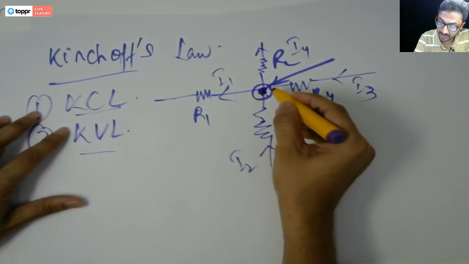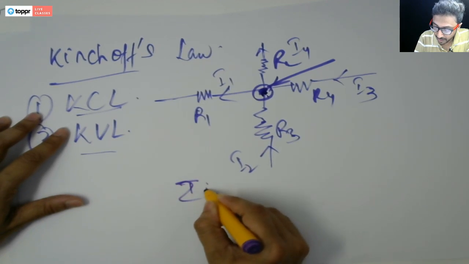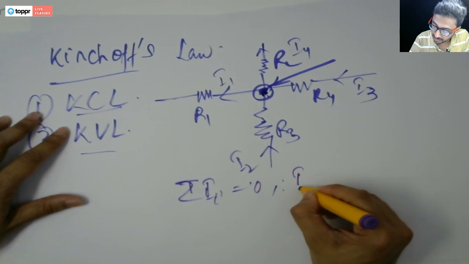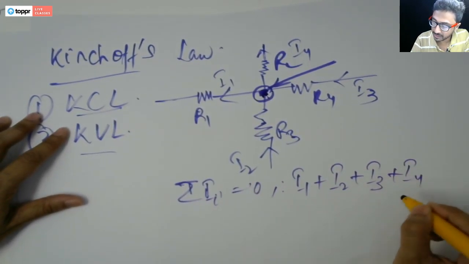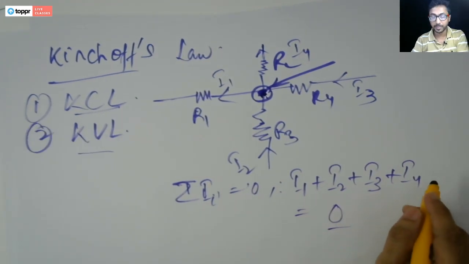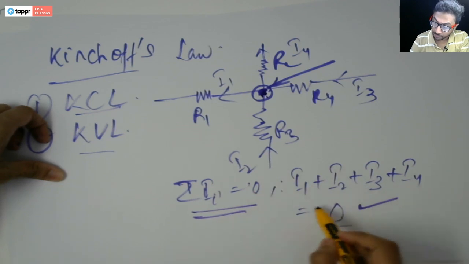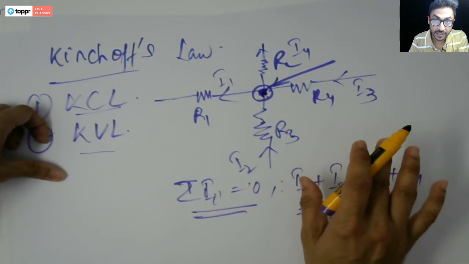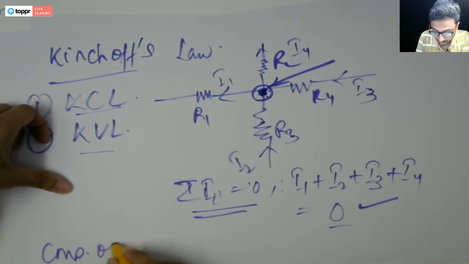That is, for a junction, sigma of I will be 0. That is, I1 plus I2 plus I3 plus I4 will be 0. And from where does it follow? Current is nothing but flow of charges, so it follows from conservation of charge.